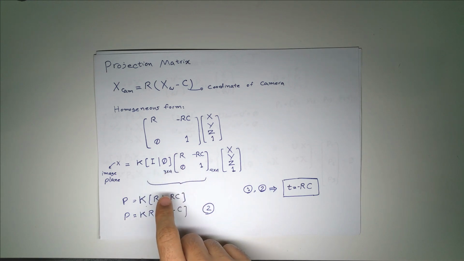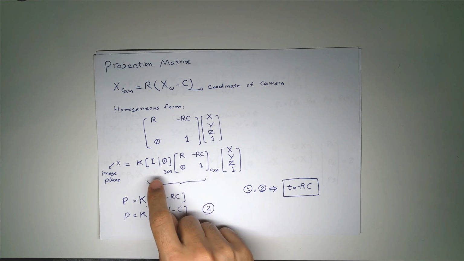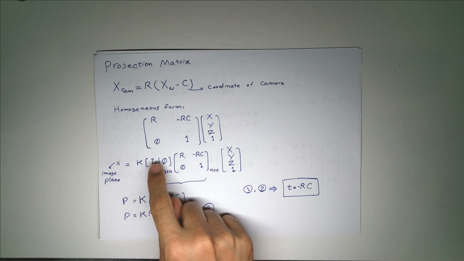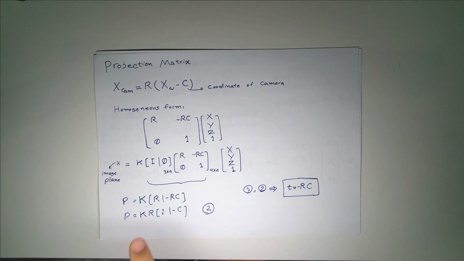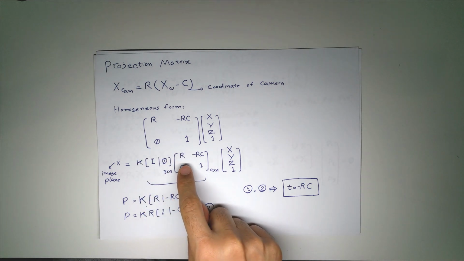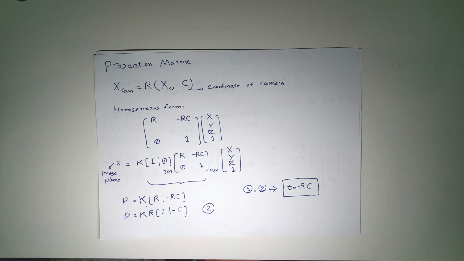It's again difficult to compute because 3 by 3, 4 by 4, but if you multiply every row by every column like this, you will get R and minus RC again, very similar to what we did earlier. So this gives me R, 3 by 3, and minus RC. From 1 we had KR, I minus C.